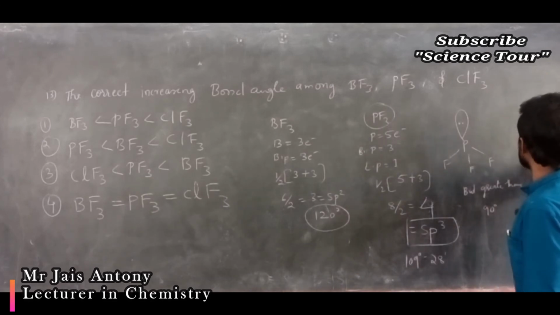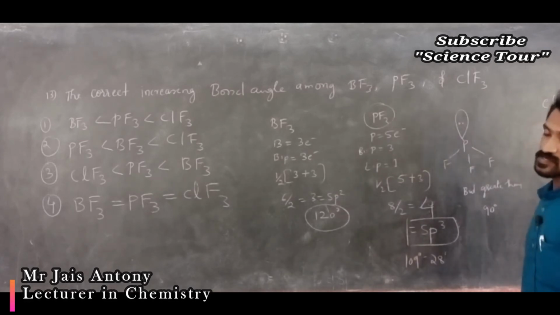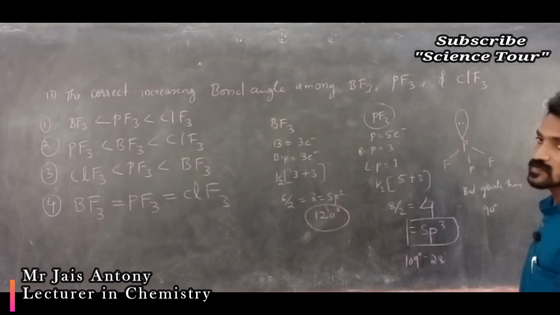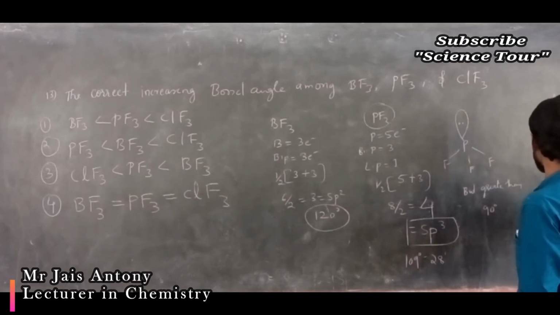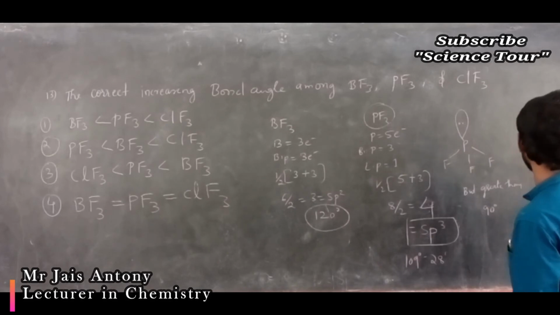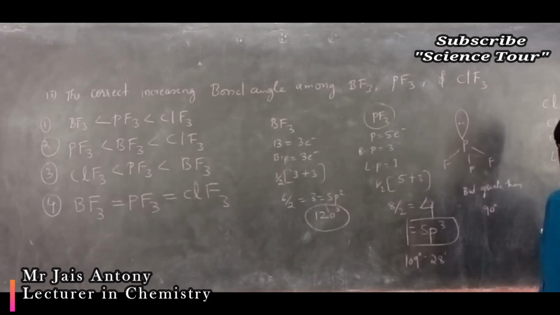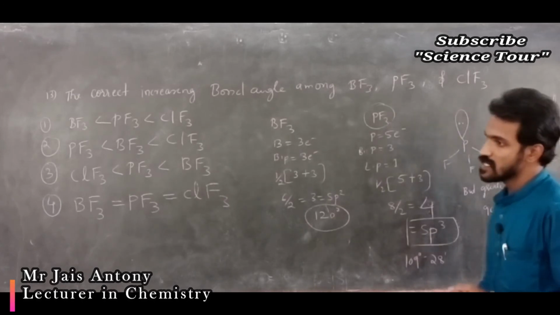Next is ClF3. In ClF3, my dear students, Cl actually has 7 electrons, bond pair is 3, and lone pair is 7 minus 3, which is 4, so 4 electrons means 2 lone pairs. So the hybridization of this one, 7 plus 3, so 10 divided by 2 is 5, sp3d.